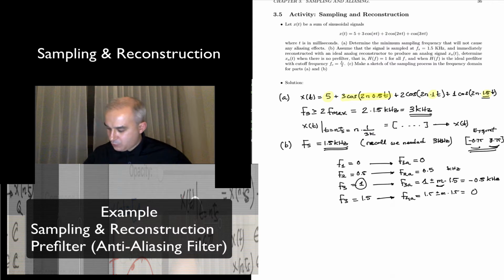And so let's see what we reconstruct if we do not use the prefilter. If we didn't have a prefilter, if we didn't band limit the signal, and we still sample at 1.5 kilohertz, meaning we did not meet the sampling theorem, what do we get? No prefilter.